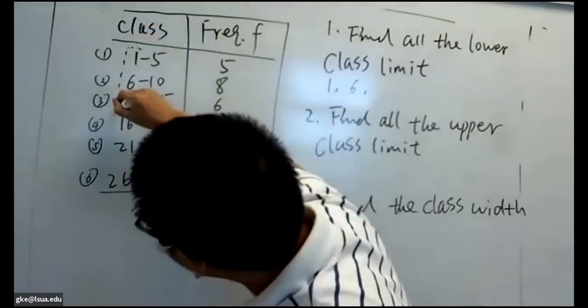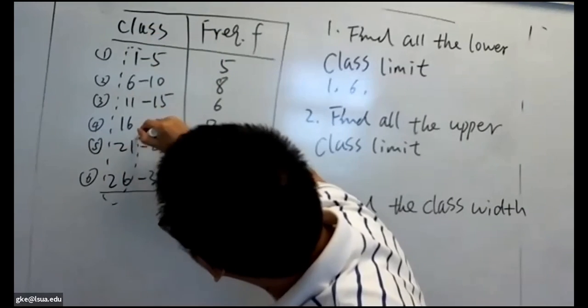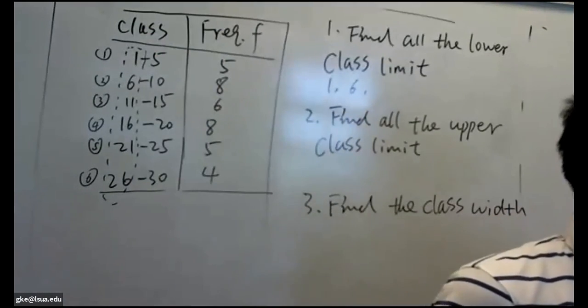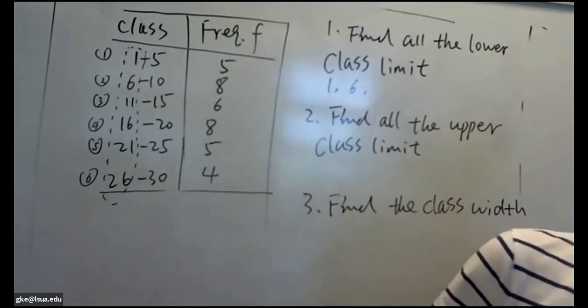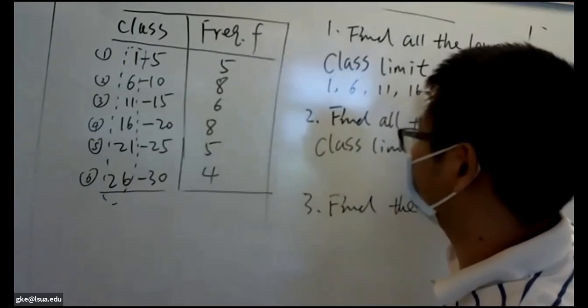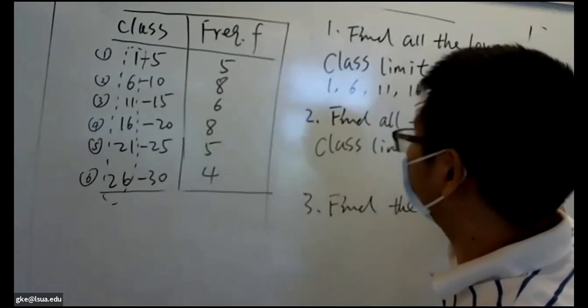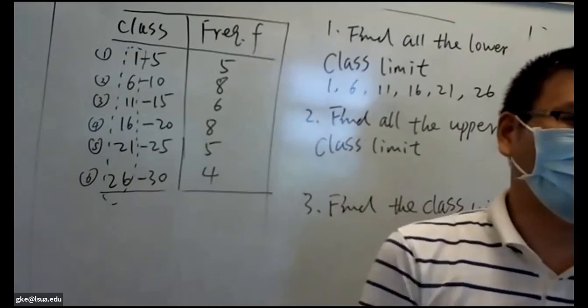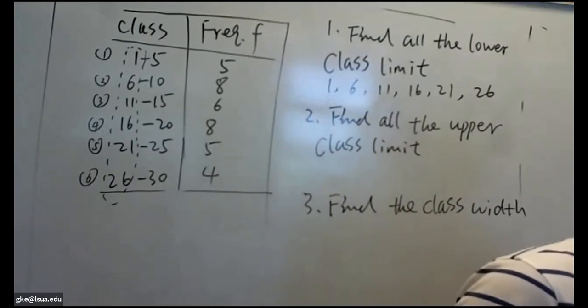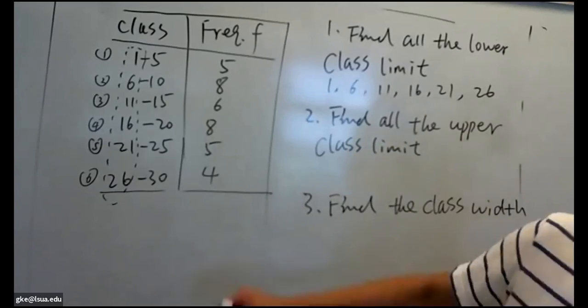Basically, the lower class limit is gonna be the first column, so I just copy it. For the upper class limit, it's gonna be the second column, very similar, right?